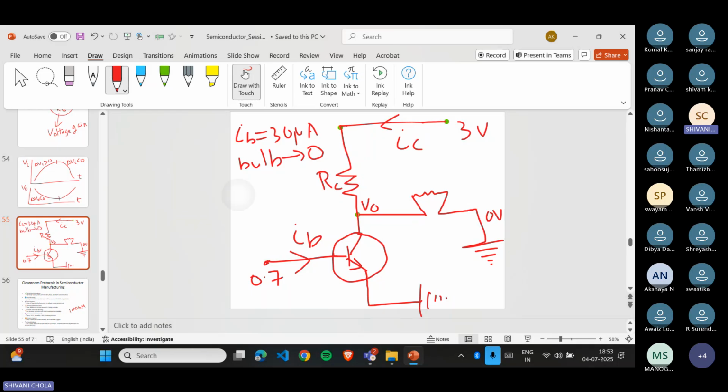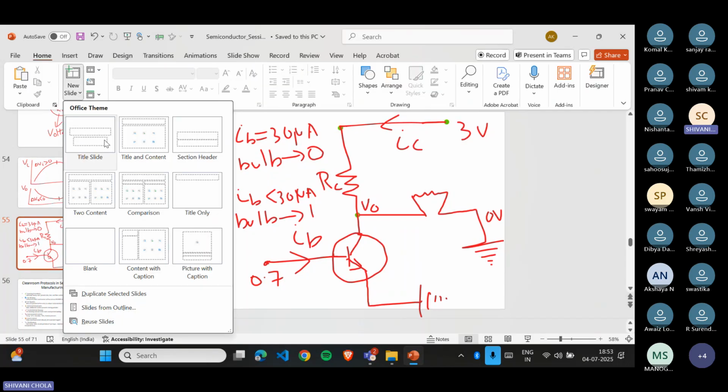And let's say if your IB is less than 30 microampere, then there will be some potential at this VO, right? You will still have some potential at this point, and your bulb will move to the on state.